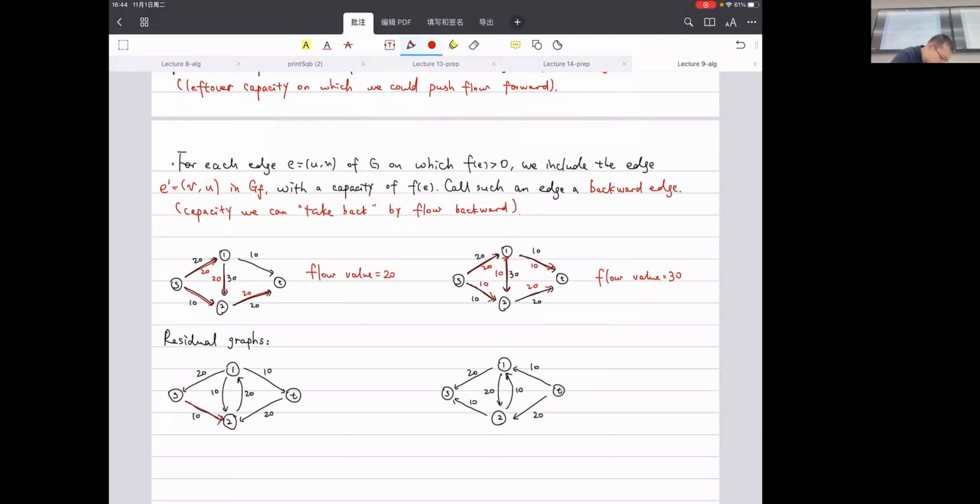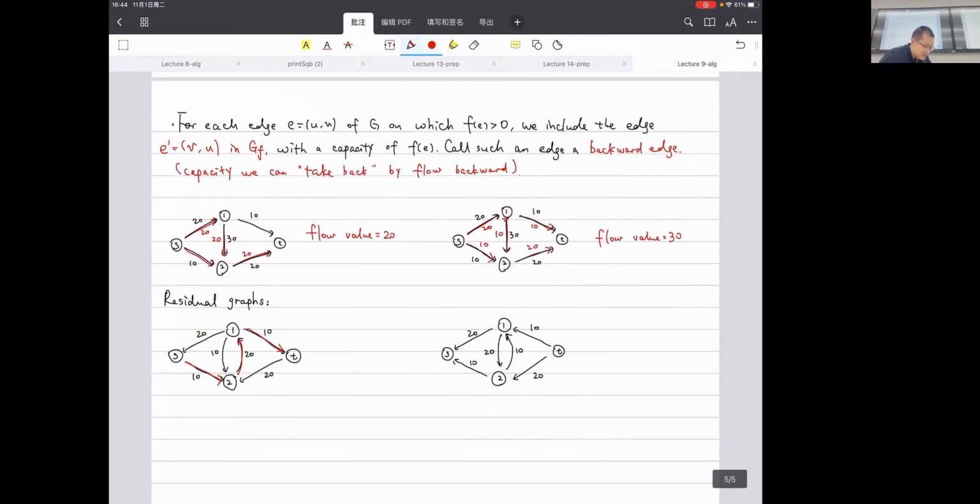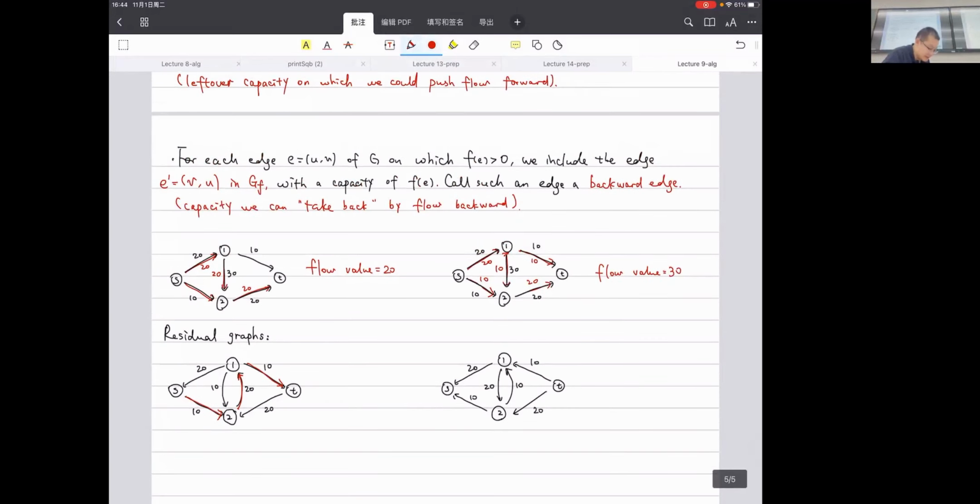Basically, it's this path. So there is a path along this. And we also need to store the information whether a certain edge is a forward edge or a backward edge. But intuitively, we can clearly see that as long as the residual graph has a path along this, this is a forward edge, so we have a 10 here, and in this direction, this is where we get stuck, and we have another 10 here.